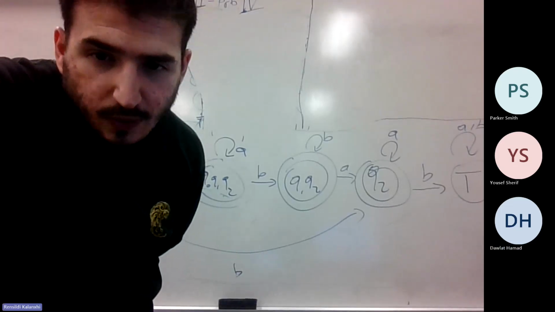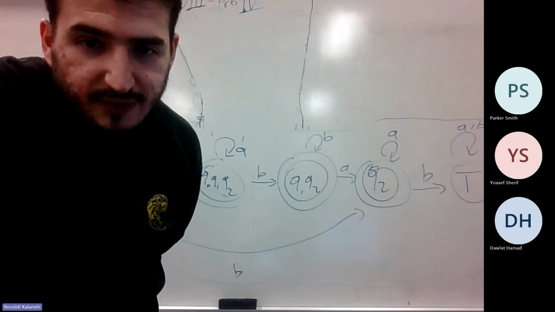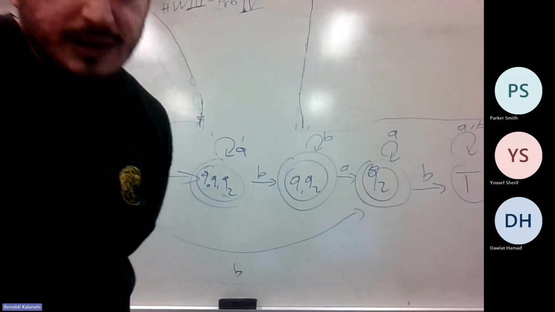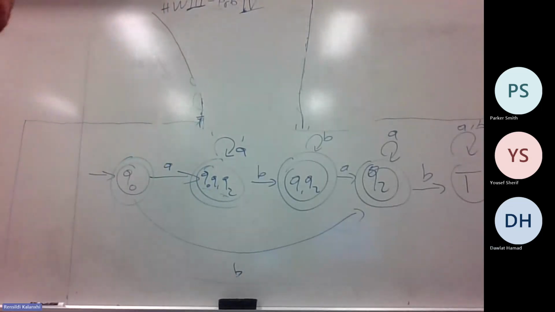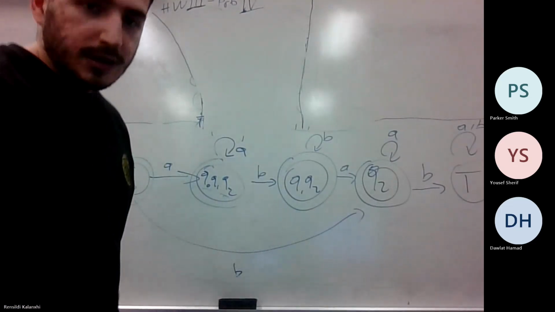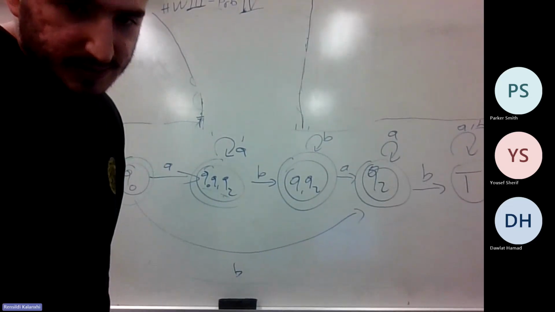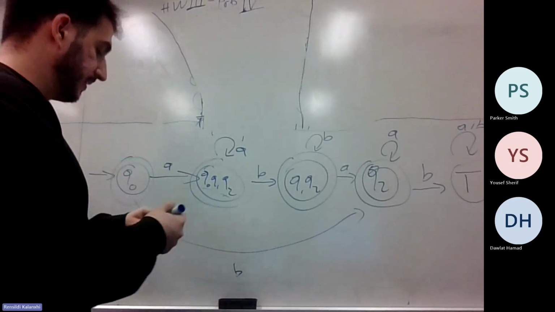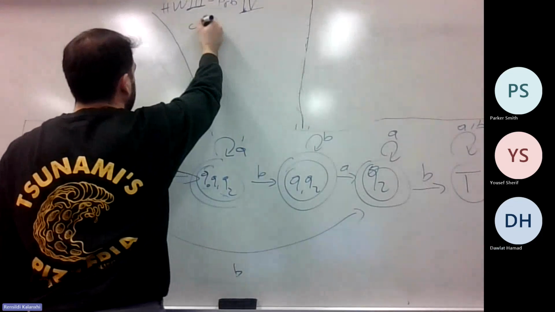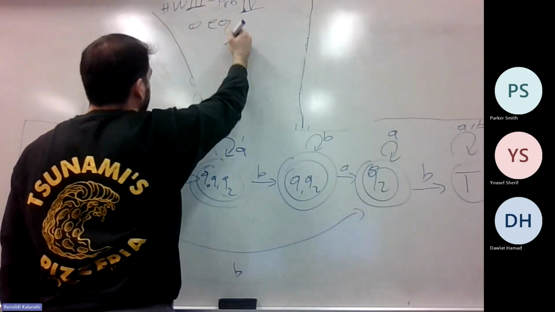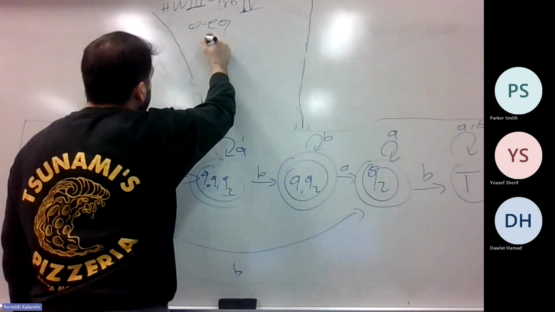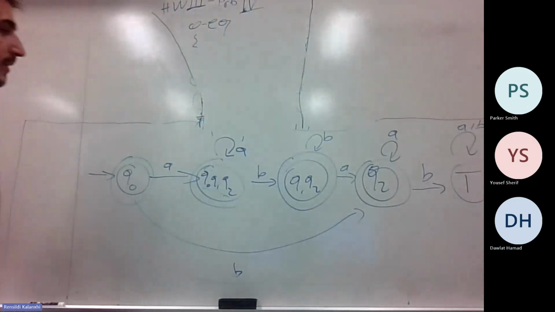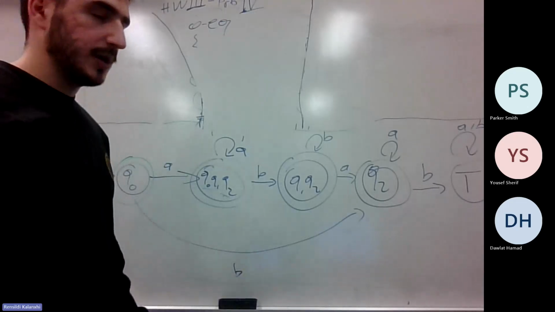Yes, so she's working with the equivalences. She's not stating them how our professor does, but it works kind of like this. Remember how you started with the zero equivalence, and then you set all the non-final states in the left set and the final state in the right set.